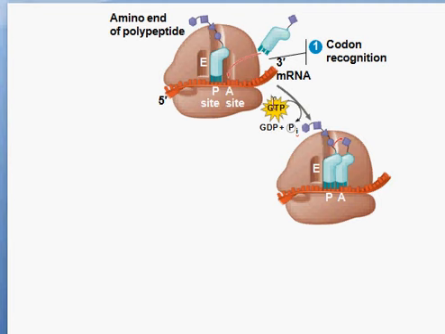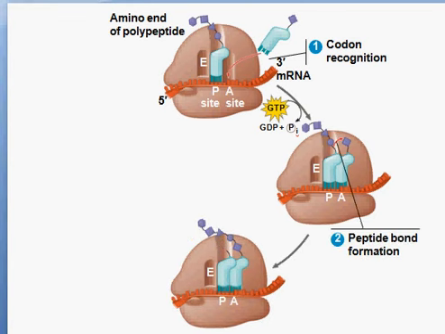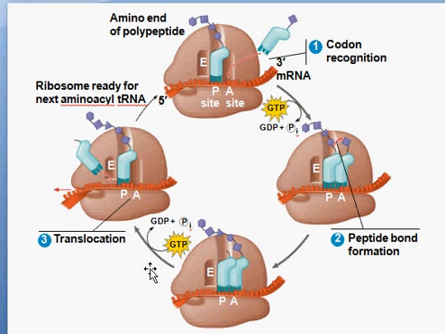So you can see here there's a GTP required, and we break one of the phosphate bonds in order to get energy there. And we'll see a little bit later on here. The second requirement of a GTP to GDP is when we're translocating the tRNA along from site to site. So there are 2 GTPs needed for each addition of an amino acid to our polypeptide.